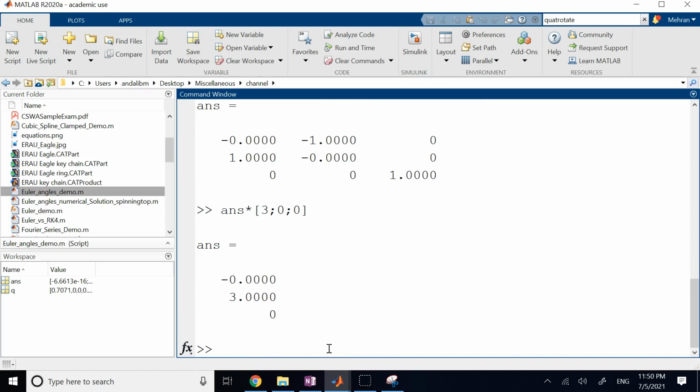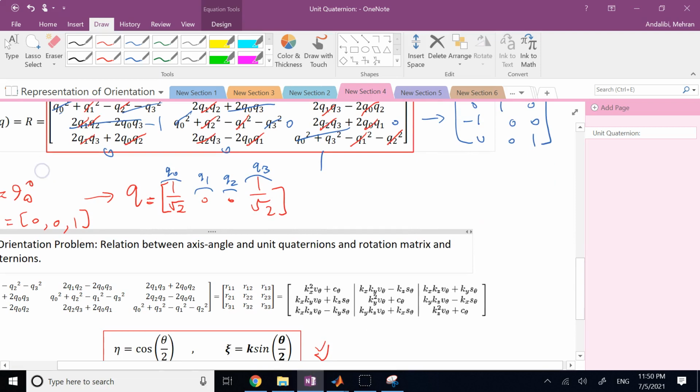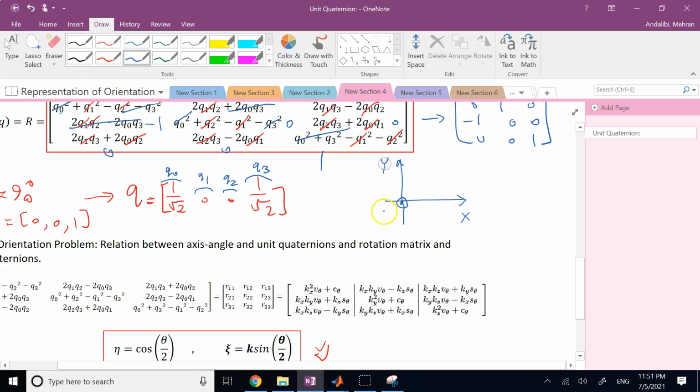Now, does that make sense? Of course. Why? Because what I did is, this is my coordinate frame. And here I just show it from the top. So this is x, this is y, this is z. The vector I chose was 3, 0, 0, so it was this vector.